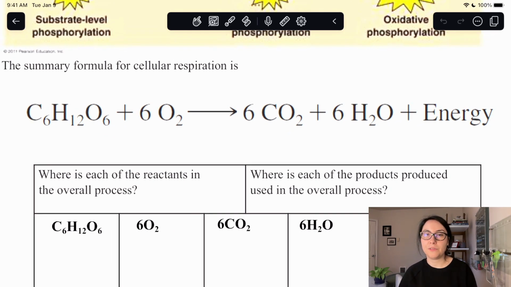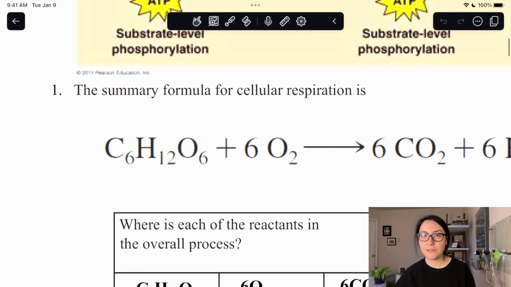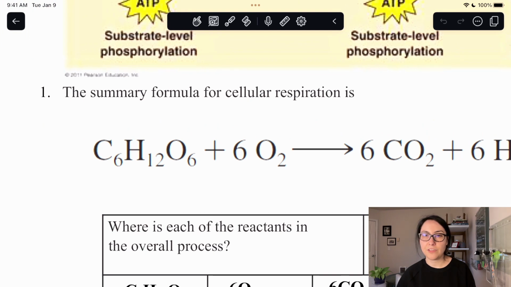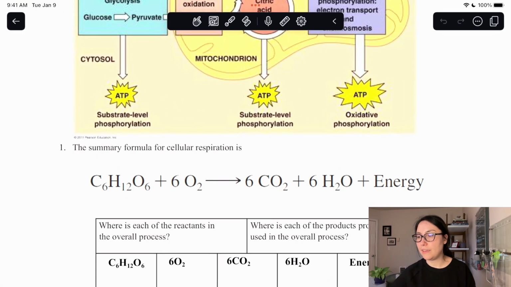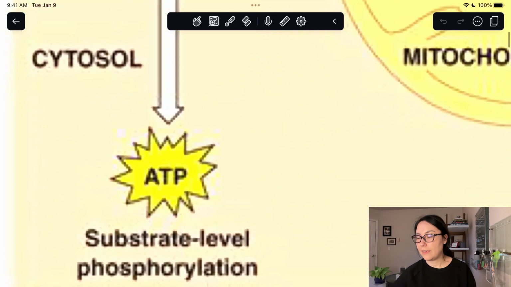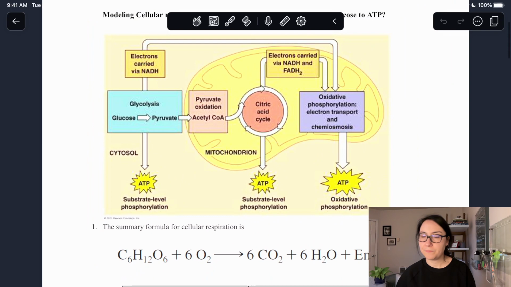C6H12O6 plus 6O2 turns into 6CO2 plus 6H2O plus energy. So you're going to have glucose over on the left with 6 oxygen, and that transforms into 6 carbon dioxide and 6 water and energy. Energy being this guy here, adenosine triphosphate, also known as ATP.